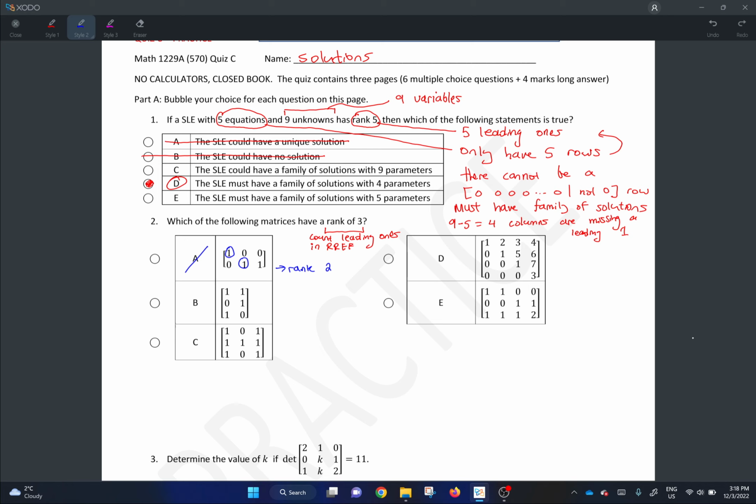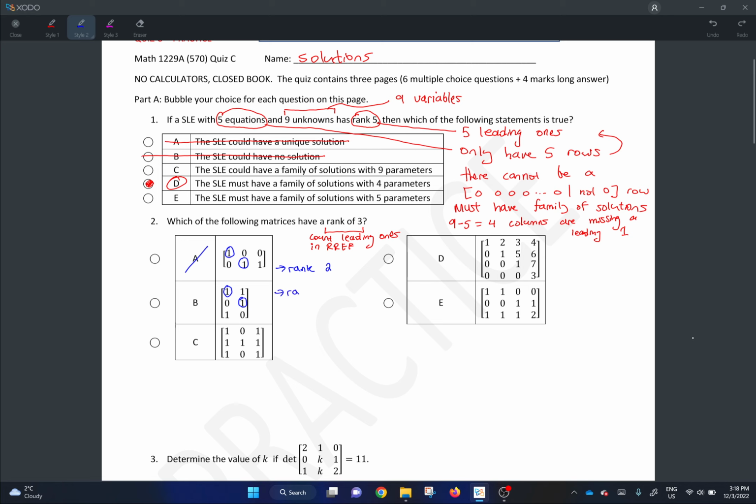And then the next matrix B, we have a leading 1, we have another leading 1, and we cannot possibly have any additional leading 1s. The leading 1 has to be the first non-zero number in its row, and you cannot have a leading 1 in the same column position as another leading 1.